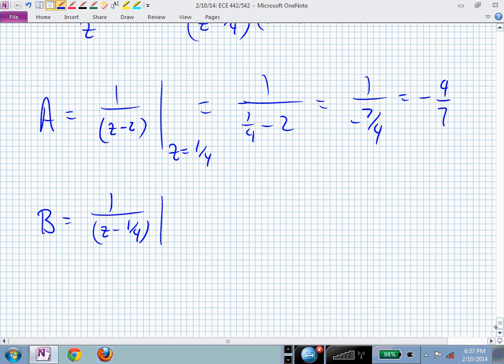And if you didn't trust your algebra, you could just use the expand function on your 89 or your Inspire, and it would probably give that to you. It would give you this minus 4/7, and b is 1 over 2 minus 1/4, or 4/7.